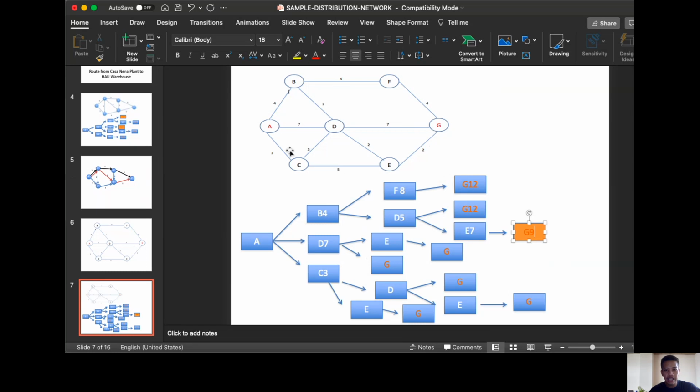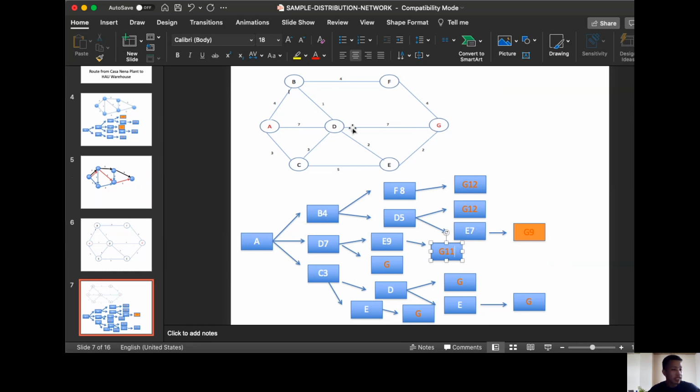So let's take a look at another option. So straight, A to D, that's 7. Then D, it will go to E first. So 7 plus 2, this is 9. And then plus 2 to go directly to G, this is G11.